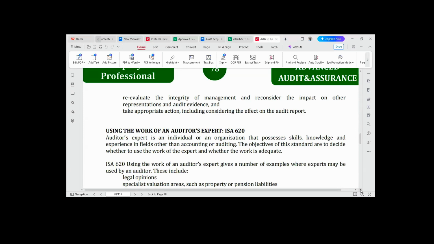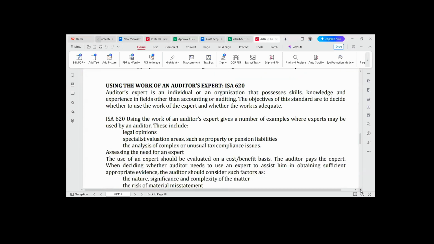Okay, so for instance, you want to value your assets, you use an expert. It is a valuer, or you use a quantity surveyor. You want to seek a legal opinion, you use a lawyer. You want to value your funds, your retirement savings funds. All of these are done by experts.